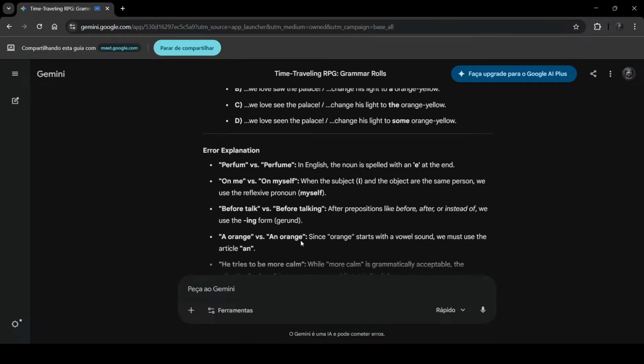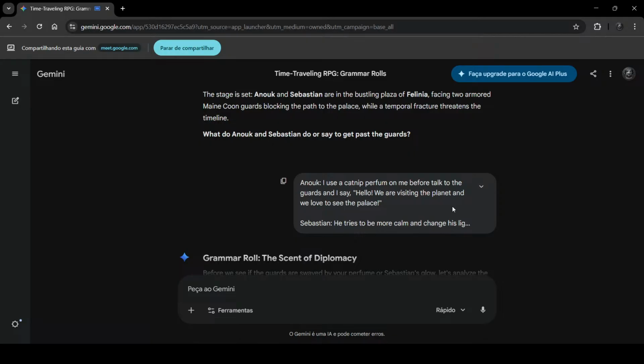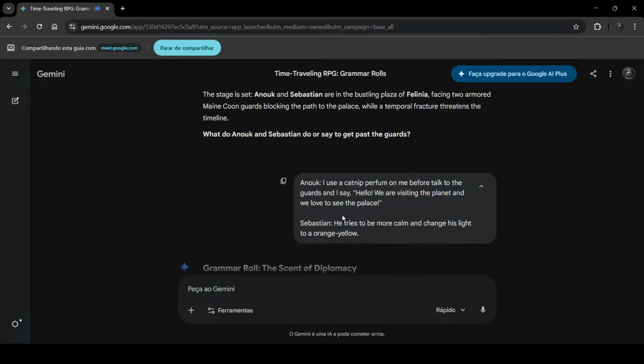So partial success is the outcome. But I would like to go back here and see what you've written. It's always good because the AI sometimes. So I use a catnip perfume on myself. I put on some catnip perfume. That's what I would say. I put on some catnip perfume before talking to the guards, right?